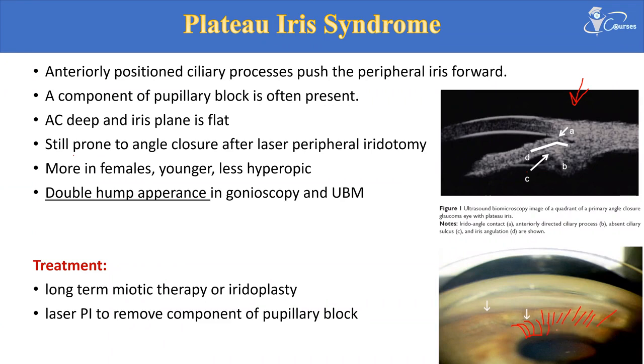So this is the first hump, and this is the second hump. Got it? This is caused by pushing of the peripheral iris by the ciliary body. Clear?